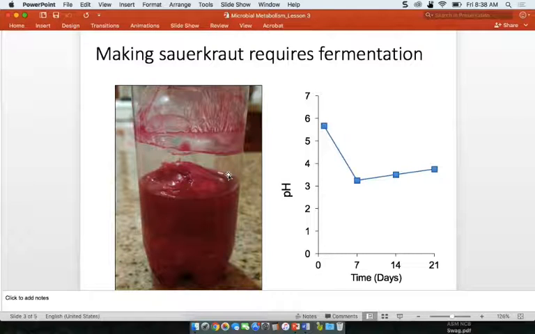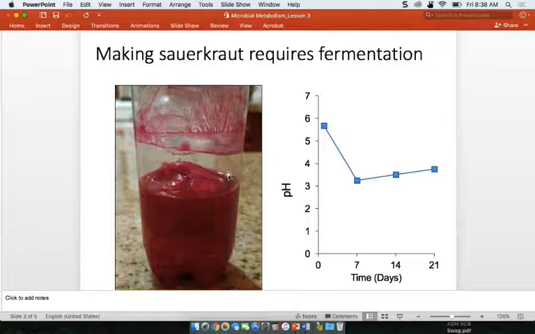pH obviously drops. If you listen to the lecture, this is Jake's science experiment from like 2 years ago. We made sauerkraut at home. He apparently liked it. I think it's disgusting. Red cabbage has an awesome natural pH indicator in it. When you blend it up, it's a purplish color.